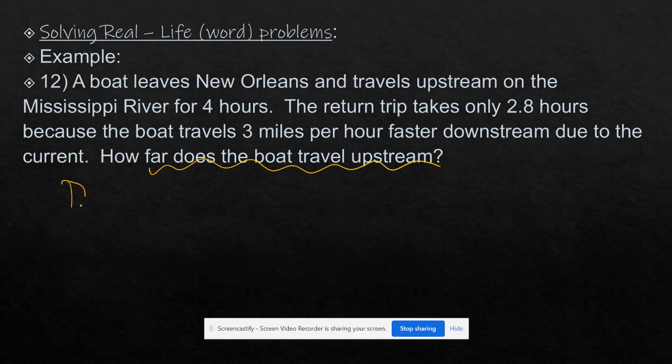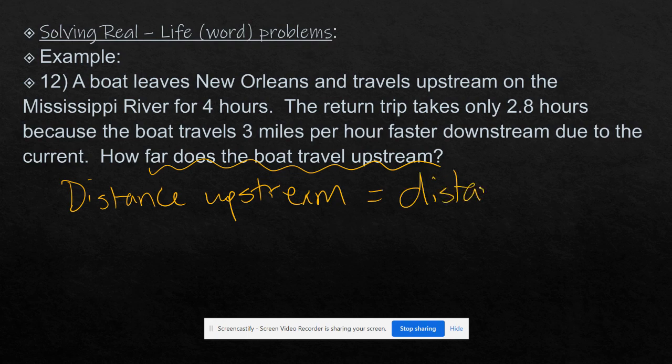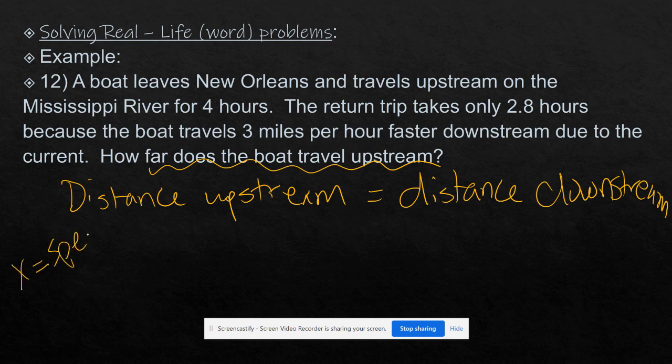Well, we know that the distance going upstream has to equal the distance going downstream, because they didn't say it was any different. I'm going to make our variable x equal the speed upstream. And let's see what we have.